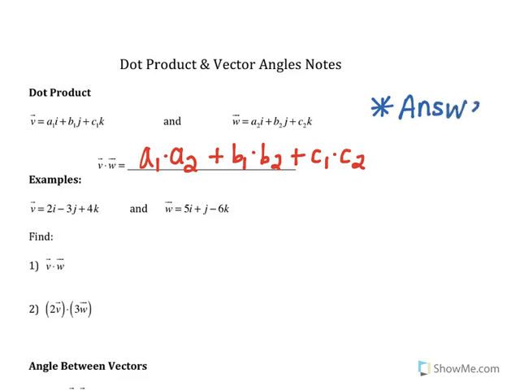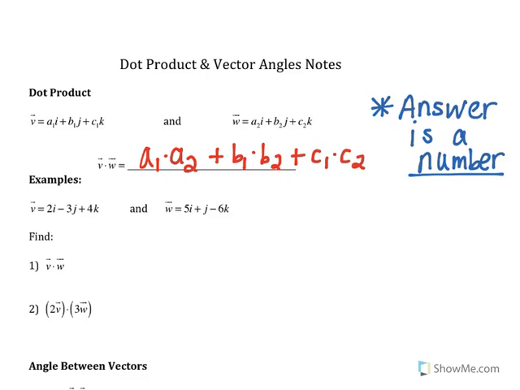It's not a vector. But similar to how we did adding component-wise, same thing. You're going to multiply the horizontal together, vertical together, and then the depth or third dimension together, and then add them all up. So it has that similar thing to matrices where we added up our quantities.